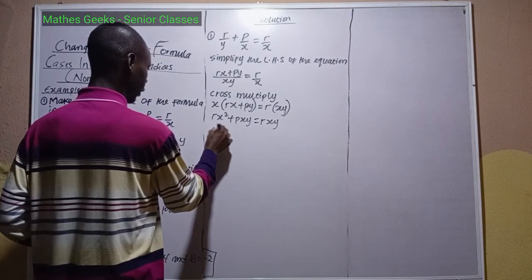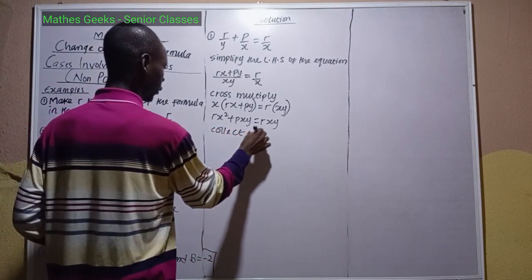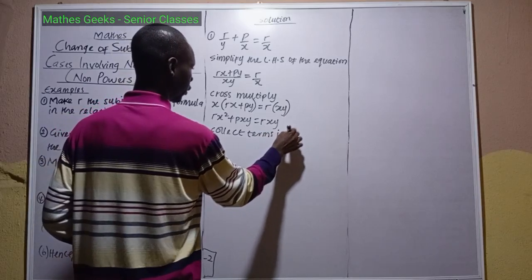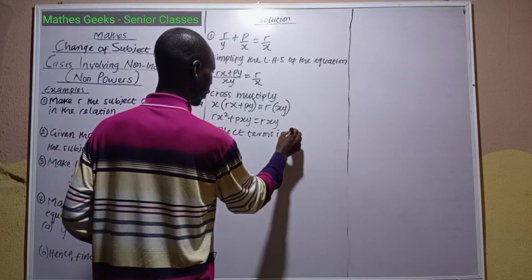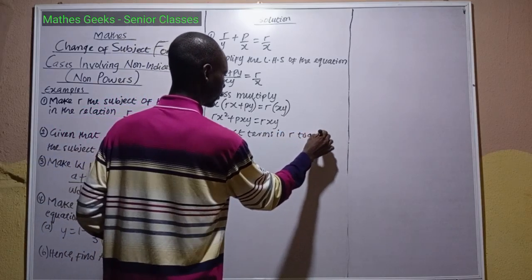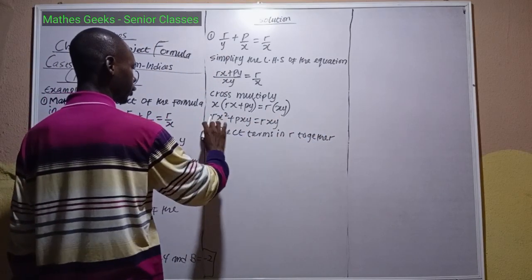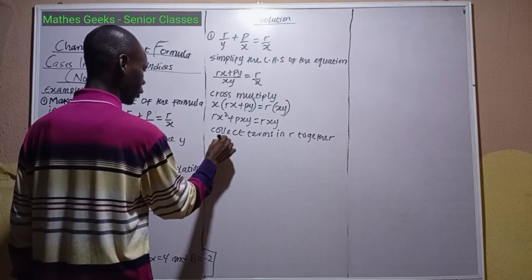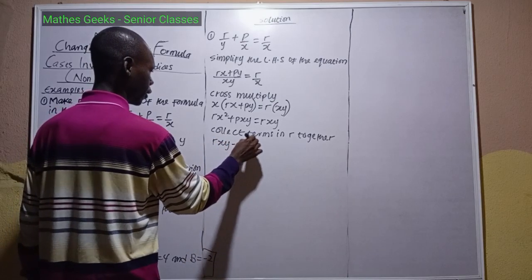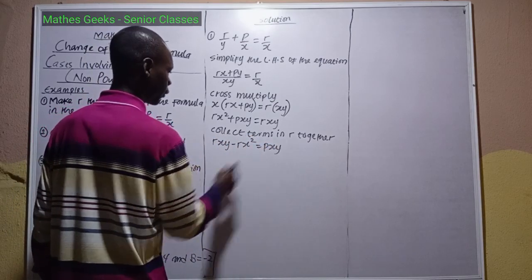So collect terms in r together. rxy is positive, so this will move to this side. So rxy minus rx squared equals pxy.